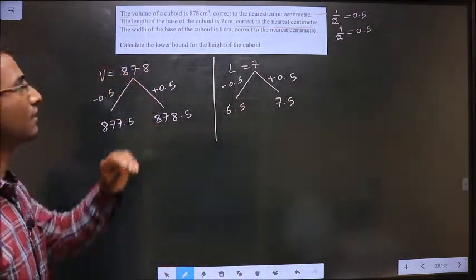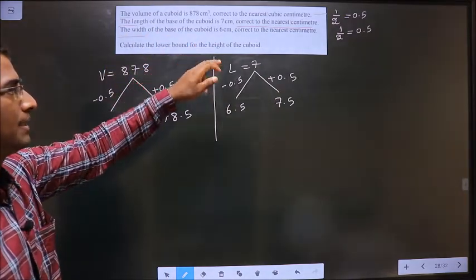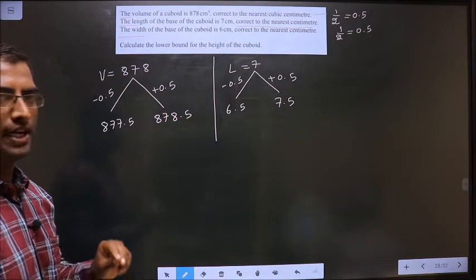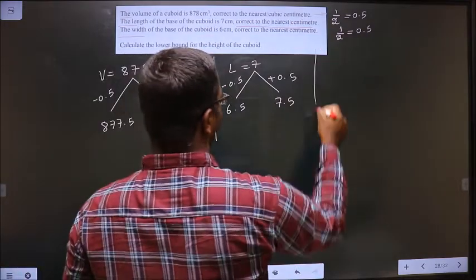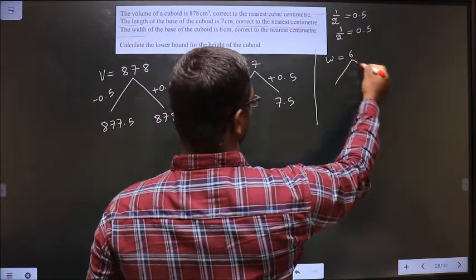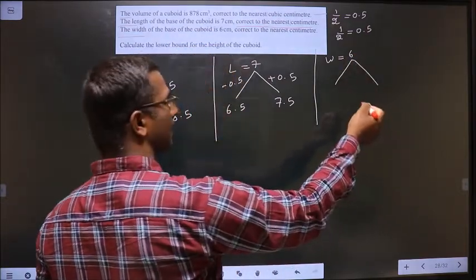Now, next. The width of the base of the cuboid is 6 centimeter, correct to the nearest centimeter. So let us write lower and upper bound for 6 centimeters. That is for width. Now what should I subtract and add is decided by this one.